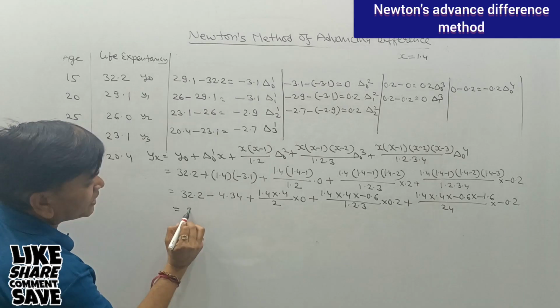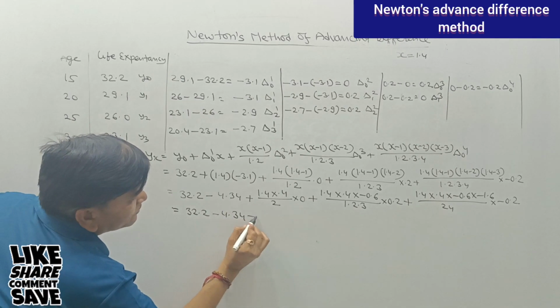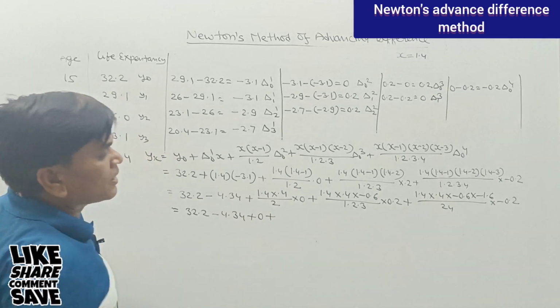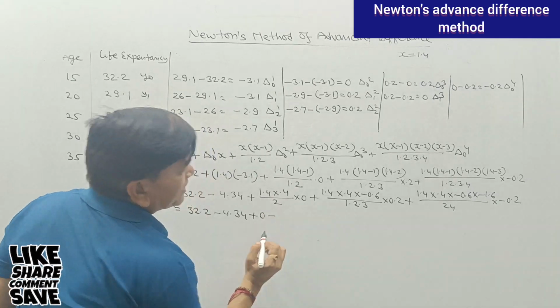So now this is 32.2 minus 4.34. This value becomes 0. Now 1 minus is over there, so this value will be minus.